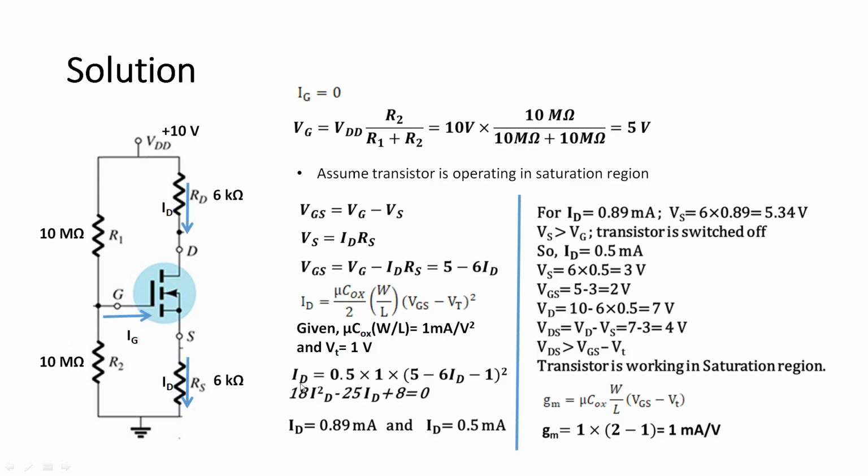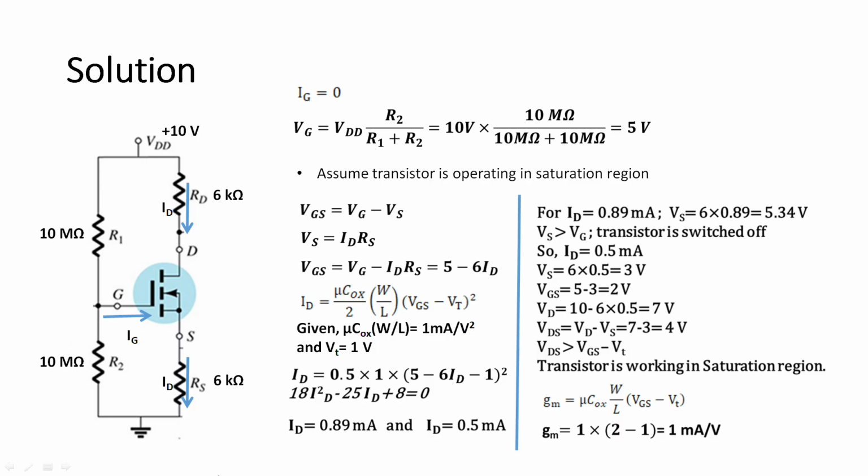So we can find ID equals 0.5 into 1 into (5 minus 6 ID minus 1) whole square. After that we get an equation: 18 ID square minus 25 ID plus 8 equals 0.